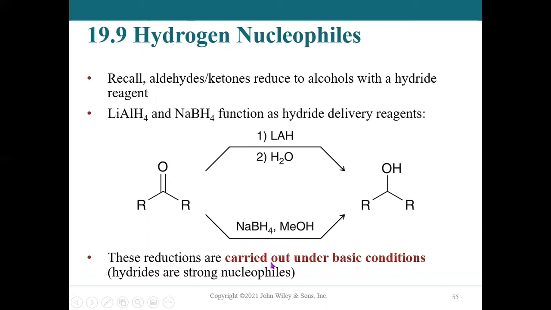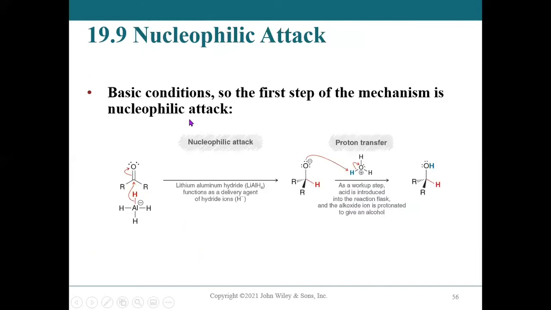These reductions are carried out under basic conditions. Hydrides are strong nucleophiles. Under basic conditions, the first step of the mechanism is nucleophilic attack. So the hydride from those hydride reagents attacks this carbonyl carbon.